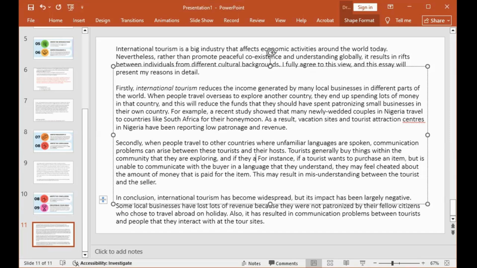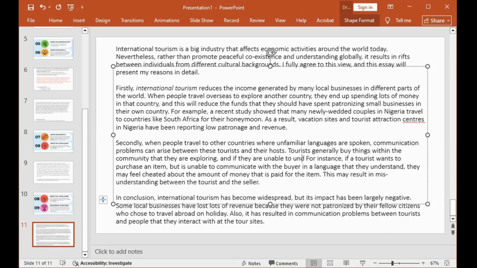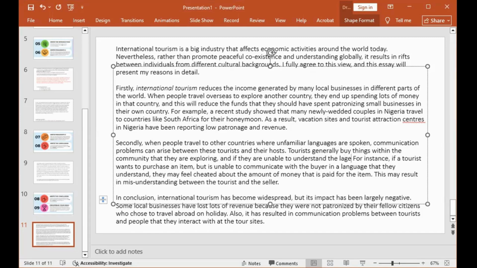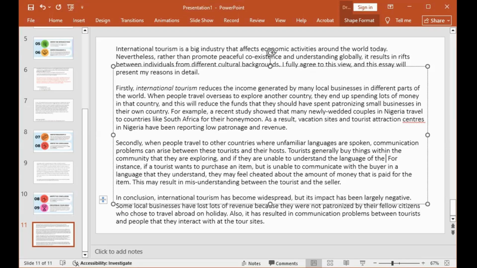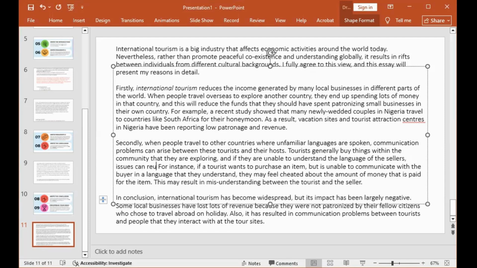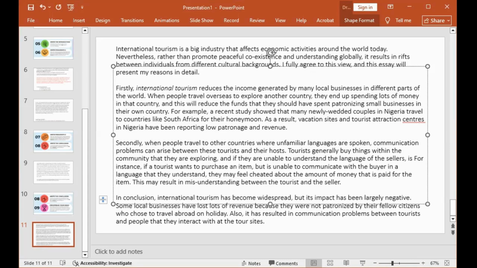And if they are unable to understand the language of the sellers, issues can result. Or let's not say issues. Let's think about another word. What's it called now?